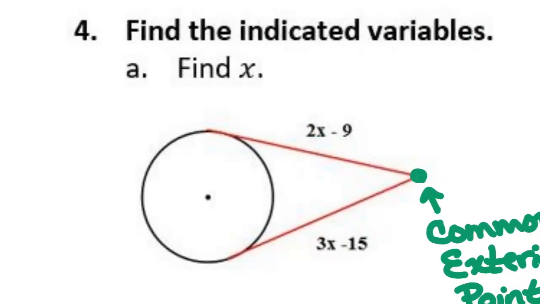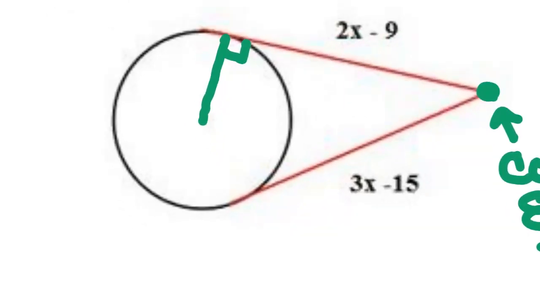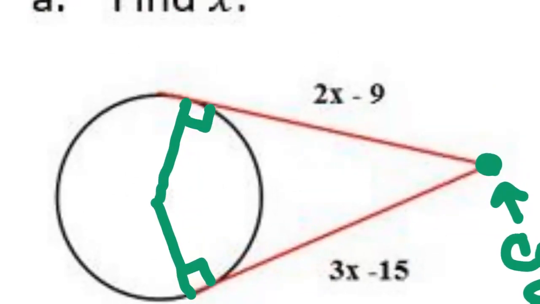These two are tangent. If I were to draw in a radius, it is forming a right angle. If I draw in my other radius, it is forming a right angle here. So two segments coming from a common endpoint that are tangent to my circle are congruent. So this top segment here is congruent to this bottom segment here.